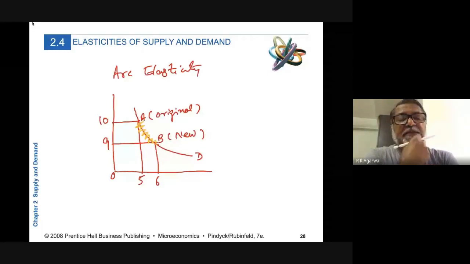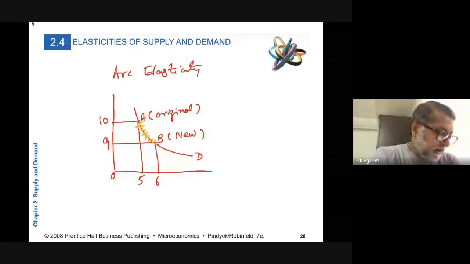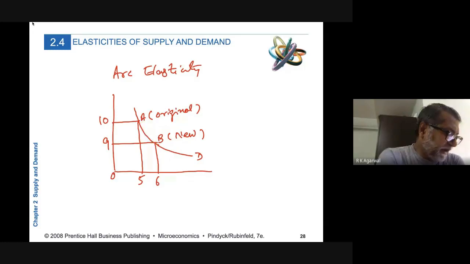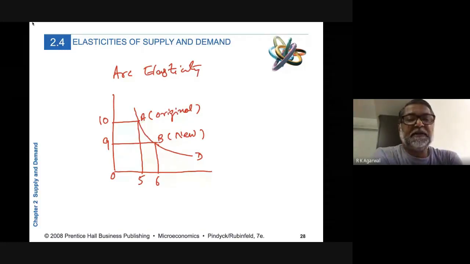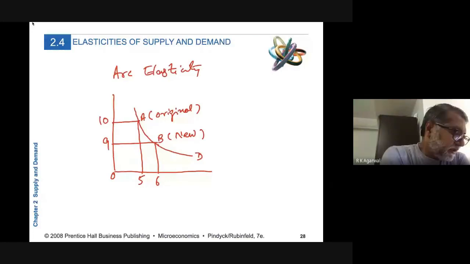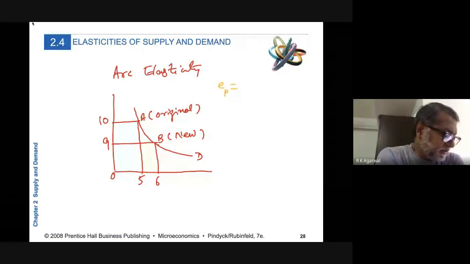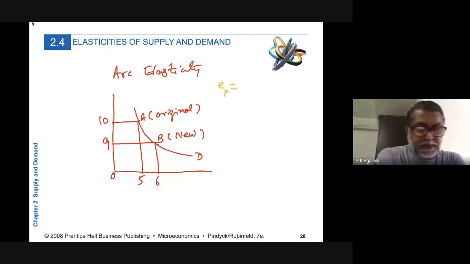This is arc elasticity. Now, in order to understand the concept of arc elasticity, first calculate the elasticity at point A. Elasticity of demand at point A. What is the percentage change in the demand when price falls from 10 to 9?